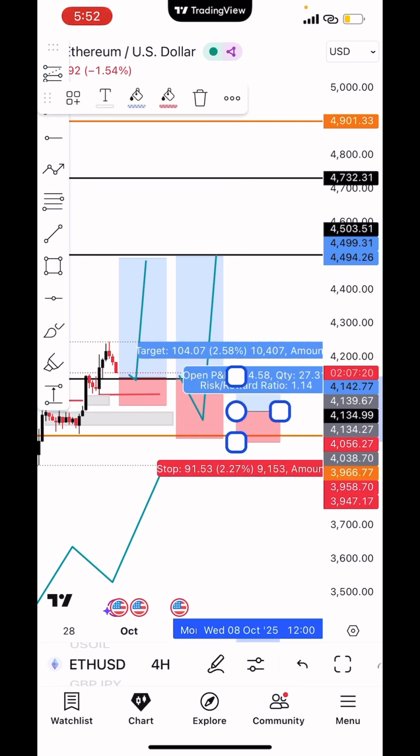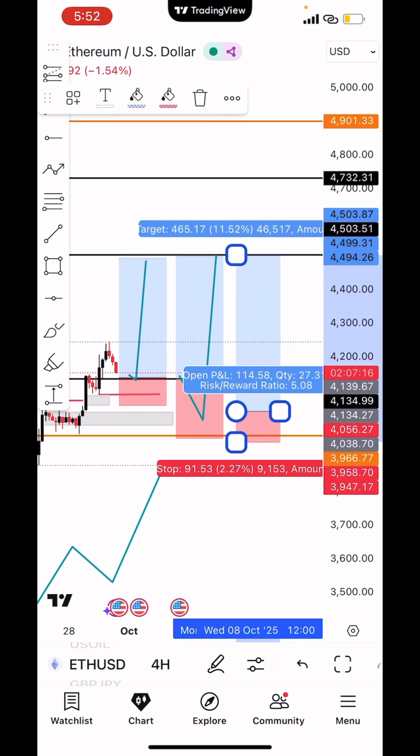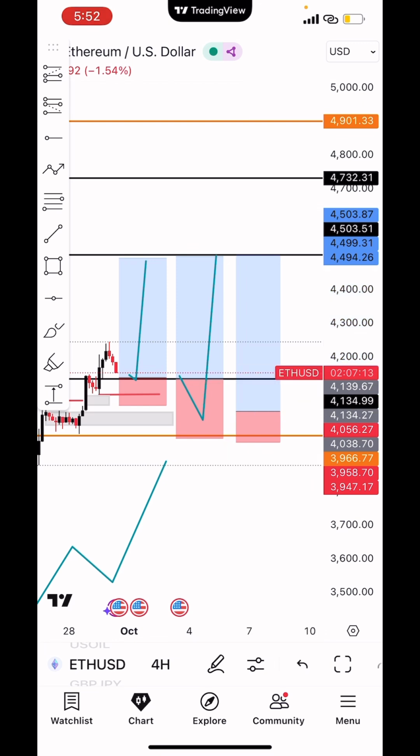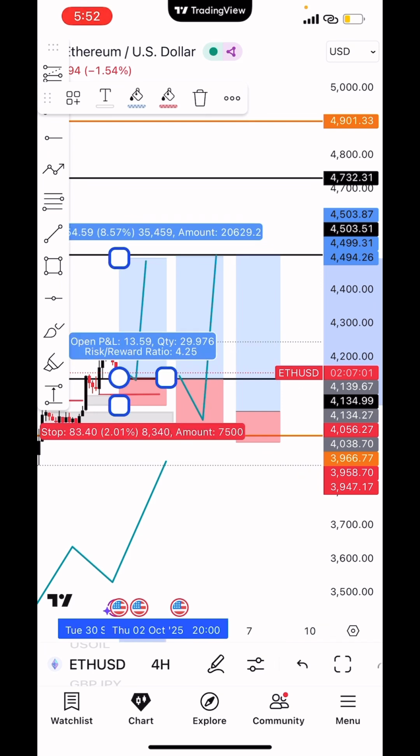This is going to give us maybe 1:1, and they might put their take profit here. This is 1:5. So it's on three levels depending on the one, but the ones I prefer most are this first one and this second one: 1:2 risk reward and 1:4 risk reward.